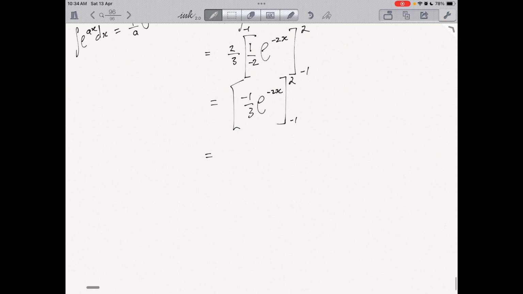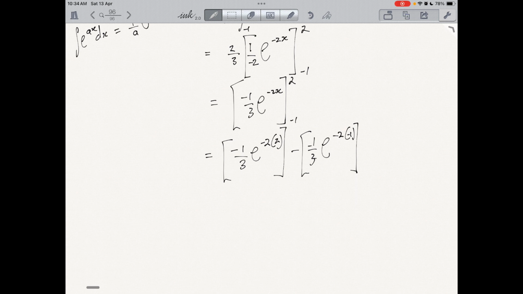And now we can put in our limits, our upper limit first and our lower limit. So our upper limit is 2, minus our lower limit, which is minus 1.